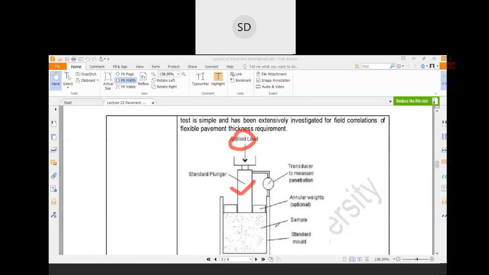After that, you need to record all the loading values for different standard displacement or standard penetration values.